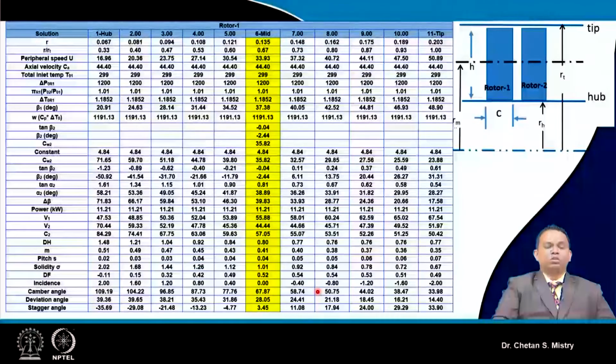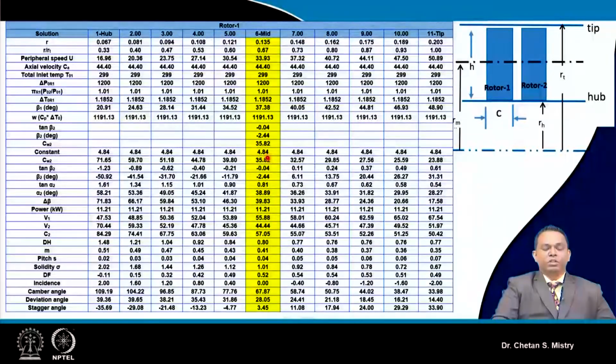Now in order to understand, we will be dividing our whole span into a number of stations. For the sake of simplicity, we have divided our whole span into 11 stations. So you can see this is representing my different radial locations.